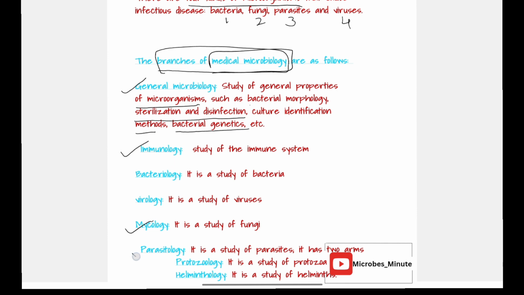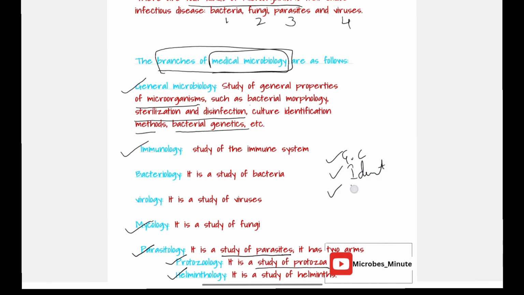Next, we will be studying parasitology. It is a study of parasites. Again, it is divided into protozoa and helminths. It is a study of protozoa, and it is a study of helminths. Here again we'll be learning the general characters. Next, identification.